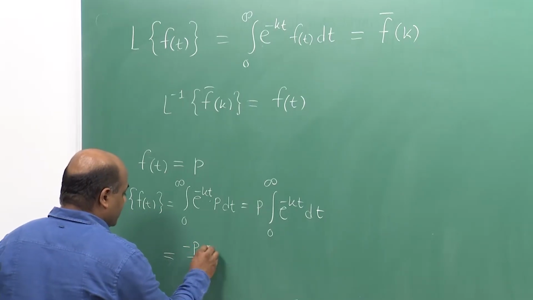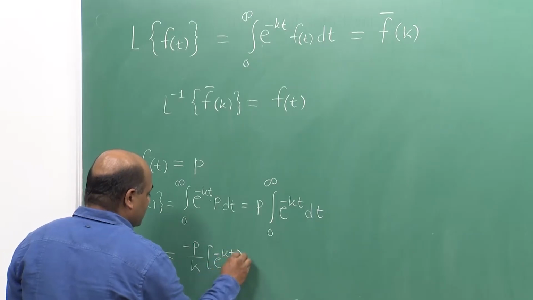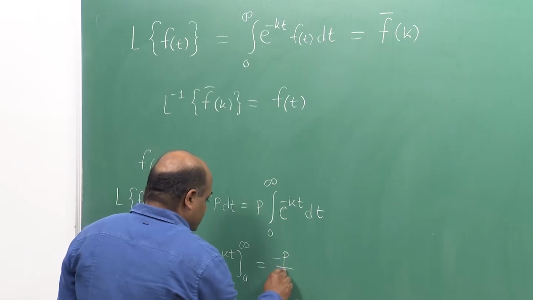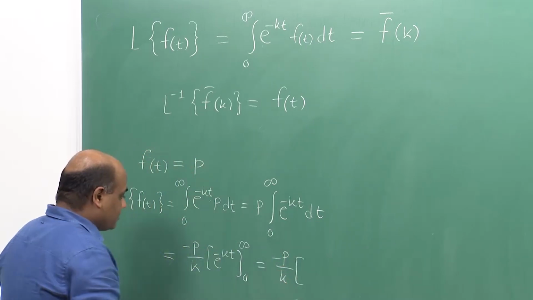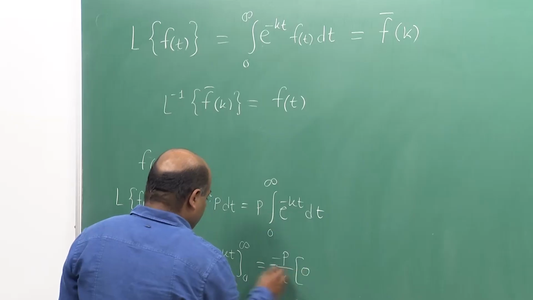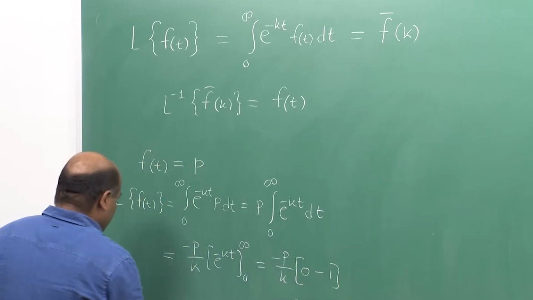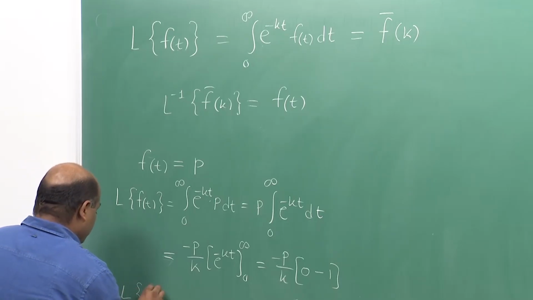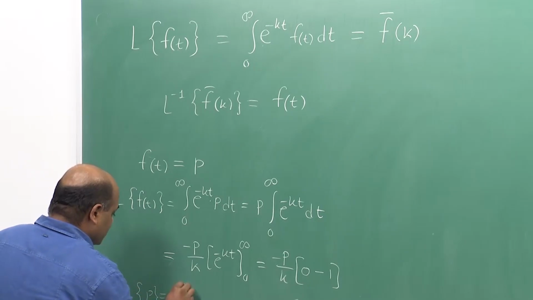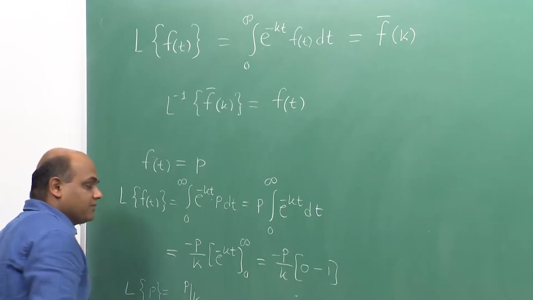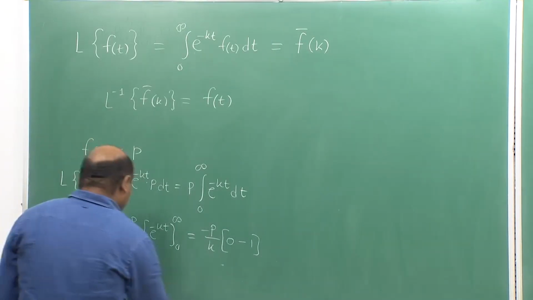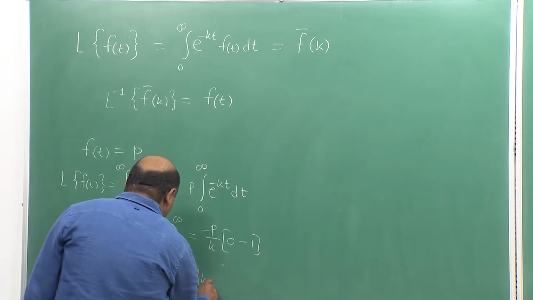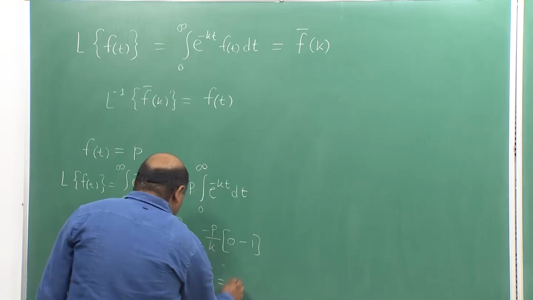So, minus p by k e to the power minus k t from 0 to infinity. e to the power minus infinity is 0, e to the power 0 is 1, and so we got L of constant p is equal to p by k, or you can write L inverse of p by k is equal to p.